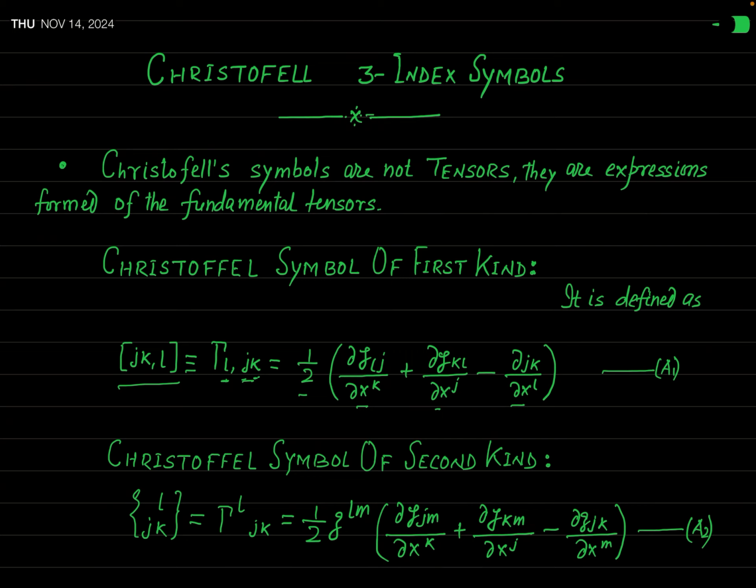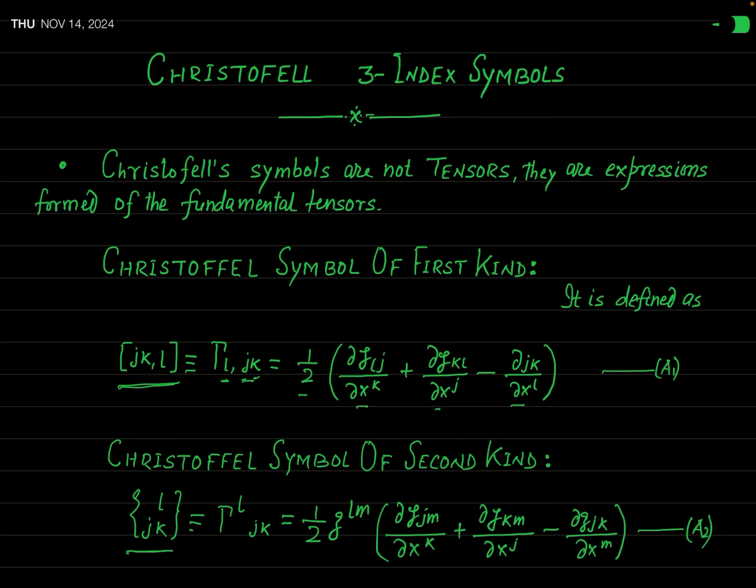Now the Christoffel symbol of the second kind is denoted by this symbol. In fact, here the three indices l and jk are written inside a curly bracket. Mark it. Here the indices are written inside the square bracket, but here it is written inside a curly bracket. And l is taken as a superscript, or you can say contravariant index, and j and k are taken as the subscript, or you can say the covariant index.